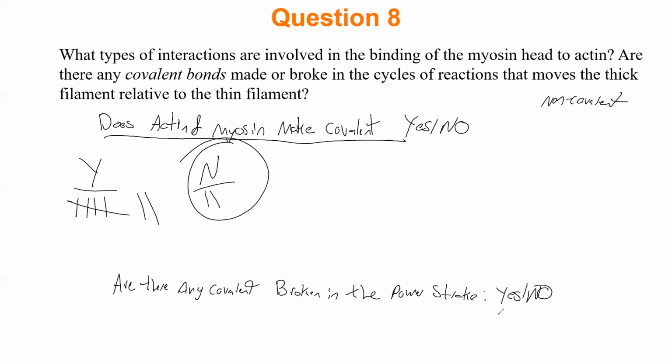Or are we making covalent bonds? So not talking about actin and myosin themselves, I'm talking about the whole system now. So I can do also made. So again, just feel free to pop in a quick yes or no in the chat on what you think. Are we making or breaking any covalent bonds in the power stroke?